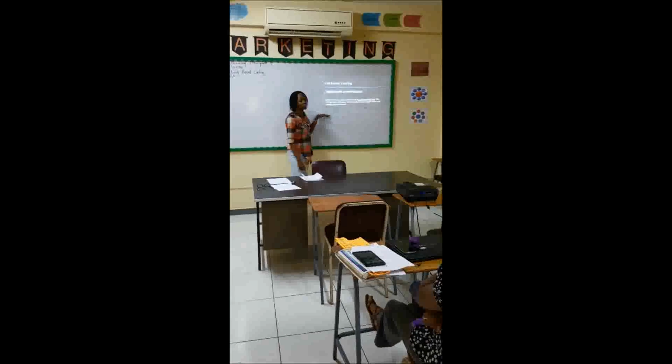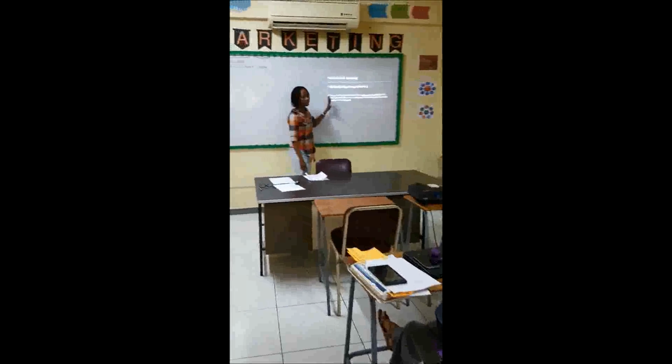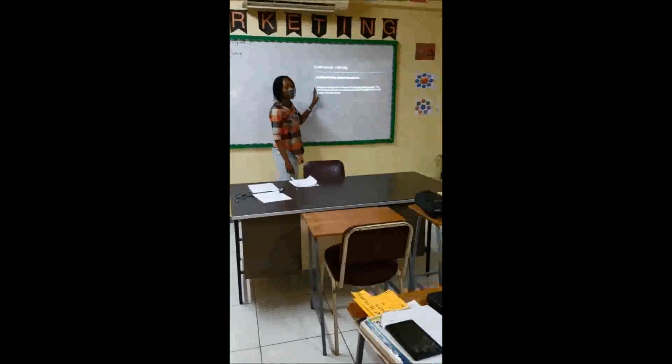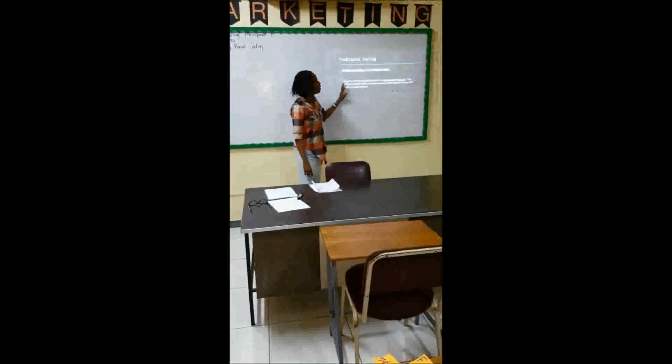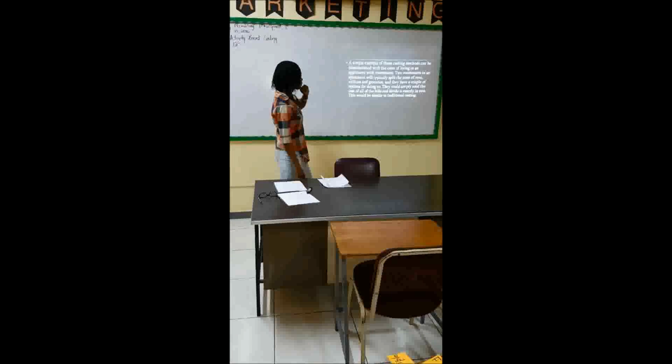What we're going to do, we're going to split it. $5 for bread, $5 for juice. That's basically what the traditional cost is. So now you can move on to the next slide, please.